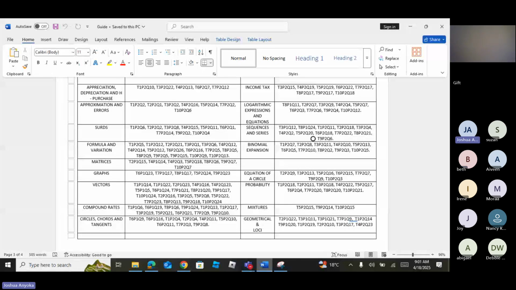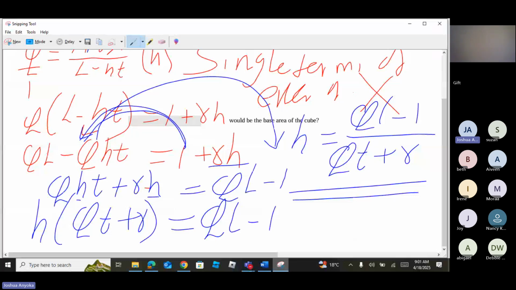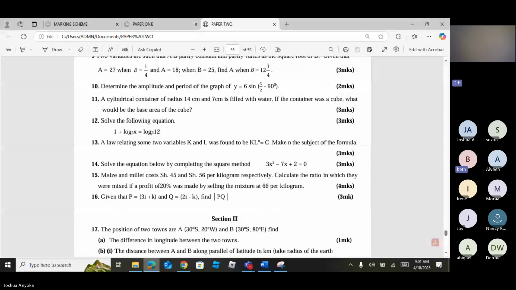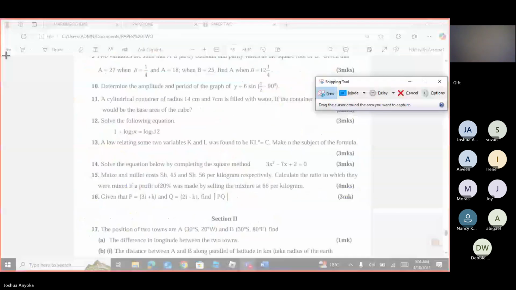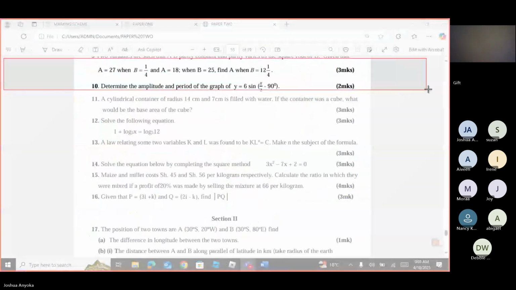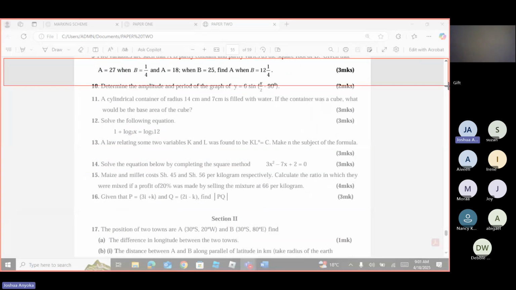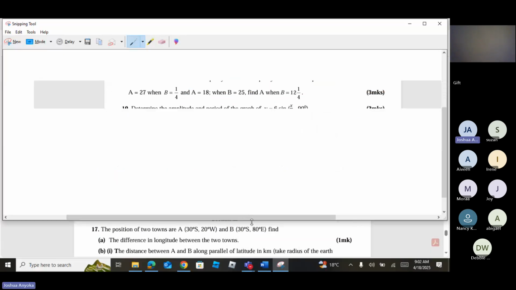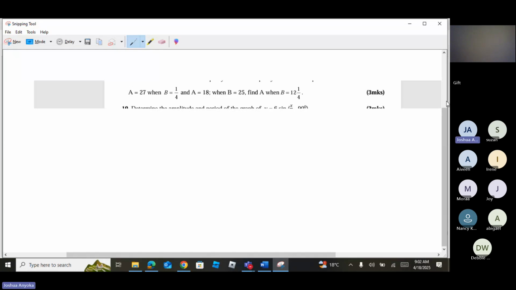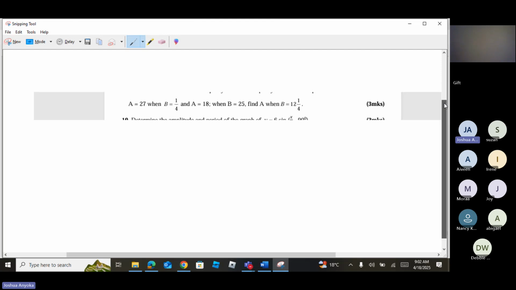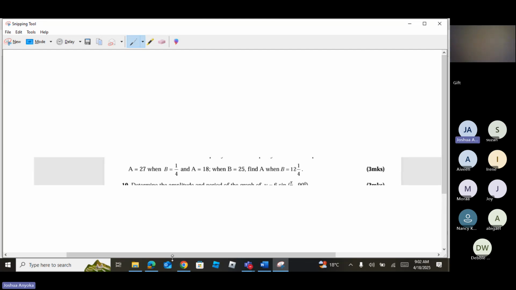And that will mark the end of our sessions. Logarithmic equations and expressions.